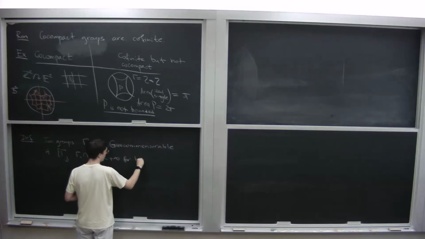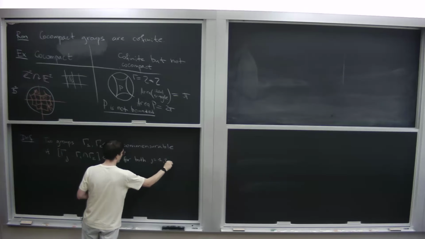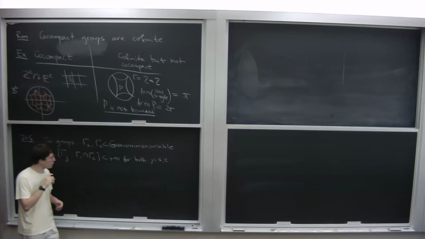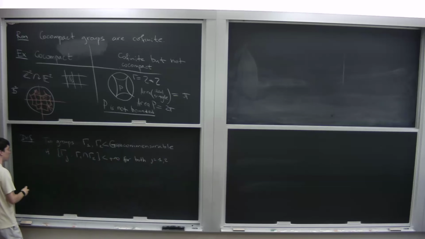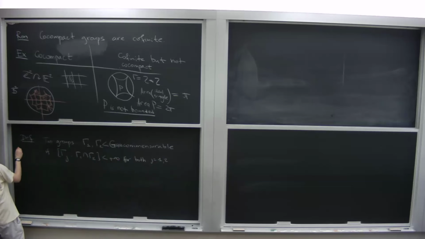For both j equals 1 and 2. Okay. I will denote this as gamma 1.